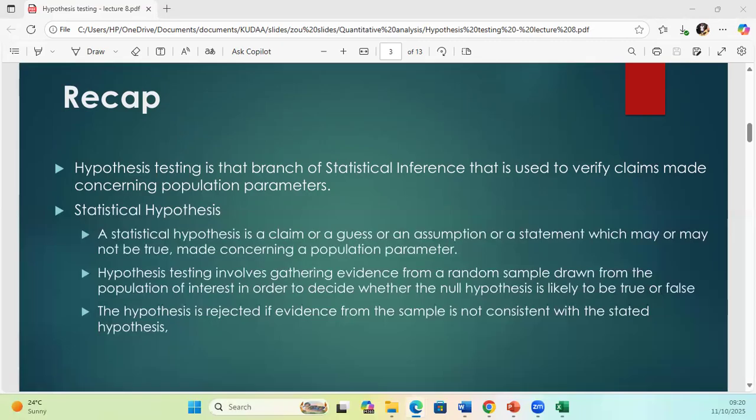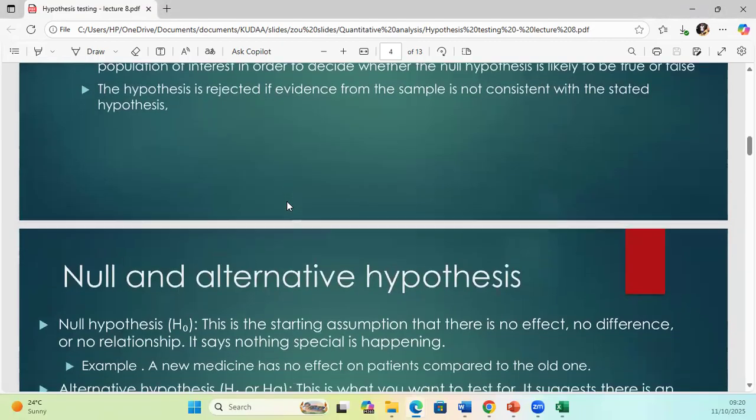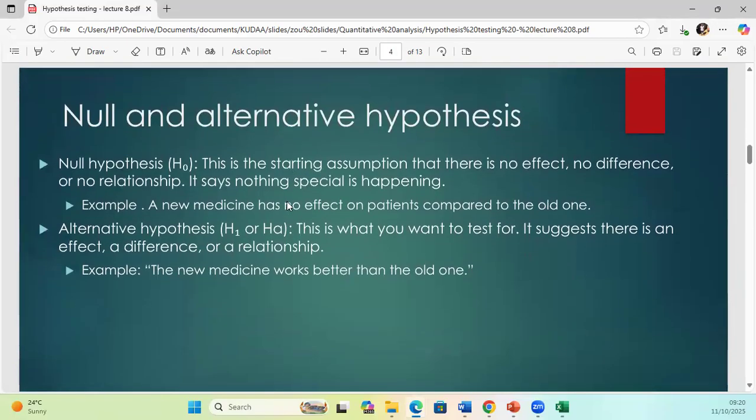So in hypothesis testing, we have what we call the null and the alternative hypothesis. Again, we discussed this in the last session, but I'll just briefly highlight them again. When we are testing a claim that someone has come up with, if I give a claim and you doubt that my claim could be true, you can carry out a hypothesis test to prove whether that claim is correct or not.